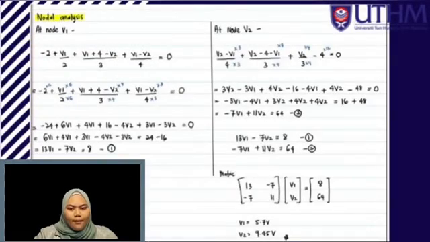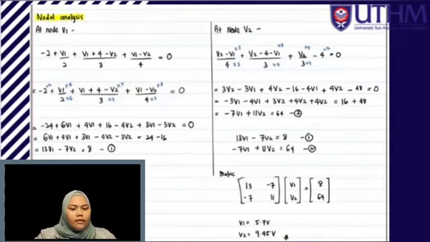So, this is for nodal analysis, where we need to find the node V1 and node V2. For node V1, we find it by using KCL, which is Kirchhoff's current law. The answer that we get for equation 1 is 30 V1 minus 7 V2 equal to 8. And for V2, we got minus 7 V1 plus 11 V2 equal to 64.